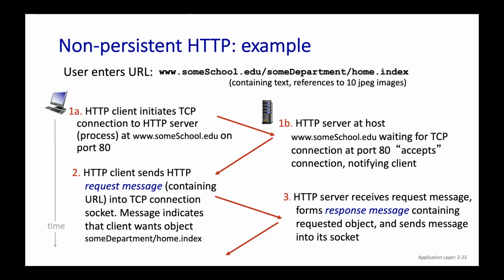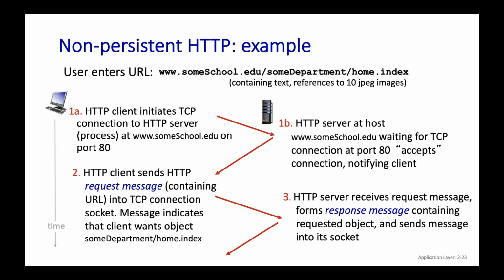Message indicates the client wants this object. And the HTTP server receives the request message, and it will send the response message back. So again, we don't know the format of the request message and the response message, but we do know that they will be following some protocol because the language has to be common. The server and client, they need to understand each other. ठीक है, वहाँ ऐसा नहीं हो सकता वहाँ पे फ्रेंच लिखी और यहाँ जर्मन लिखी.